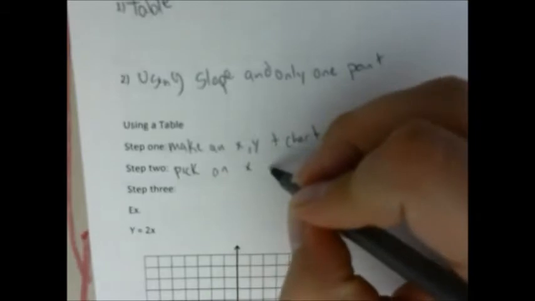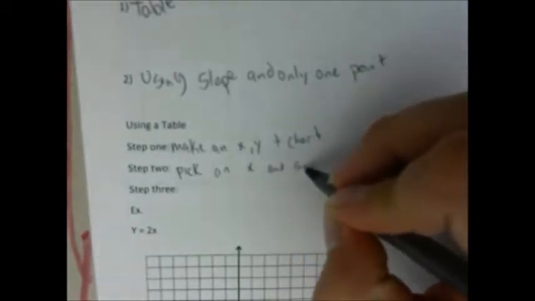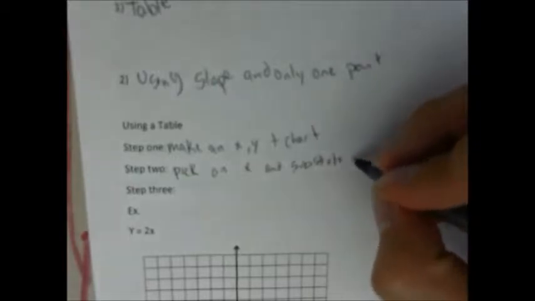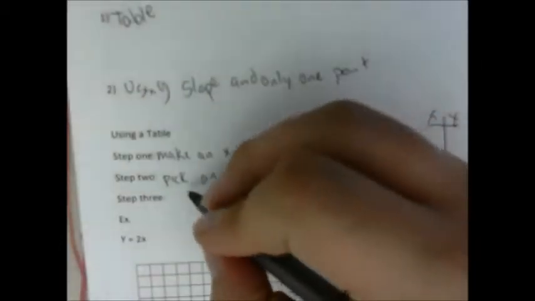Pick an x and substitute it in. Alright, we're going to pick an x and substitute it into our x, y, t chart. Finally, we're going to plot the points.